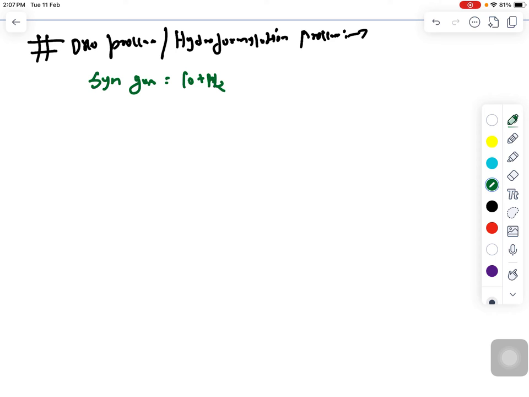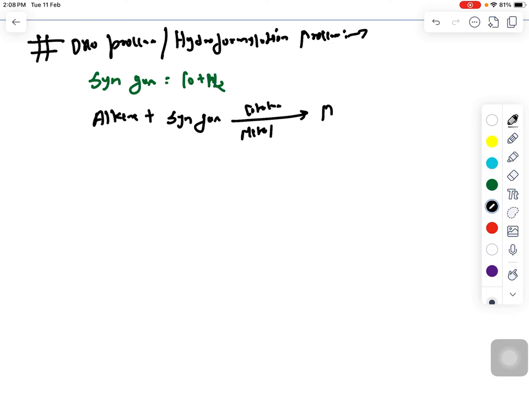And the alkene reacts with syn gas in presence of a metal catalyst. It will form aldehyde. So you will be having alkene plus syn gas in presence of catalyst, that will be your metal catalyst.